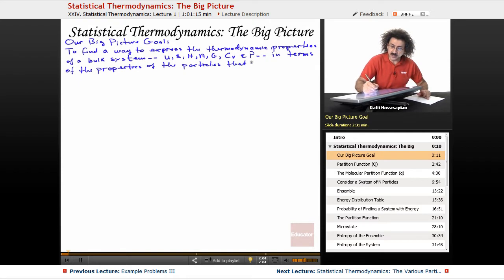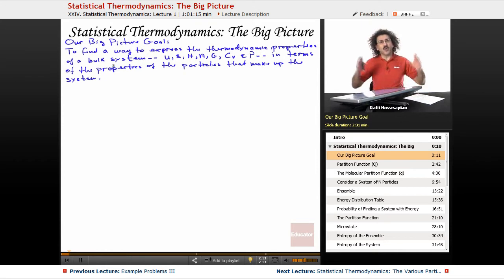So that's what we're doing with statistical thermodynamics. We started the course with classical thermodynamics. We moved on to quantum mechanics, where we were dealing with the individual energies and properties of the individual particles, atom, molecule, whatever it is. Now that we have quantum mechanics, we want to go back and explain what we learned in classical thermodynamics via the individual particles. That's it. We're just closing the circle, like we talked about in the overview of the course.